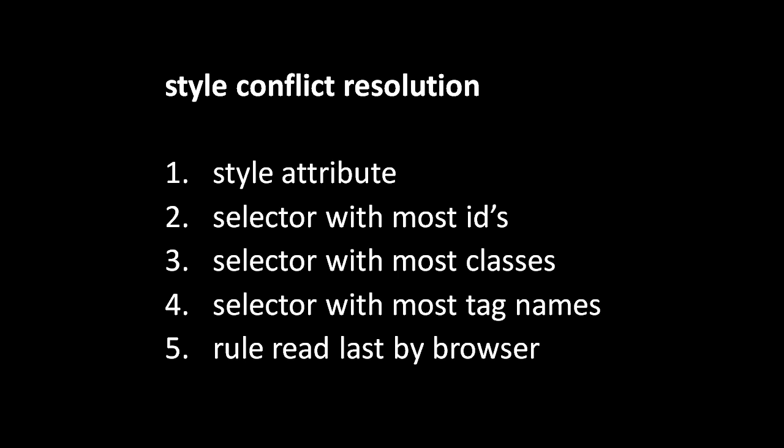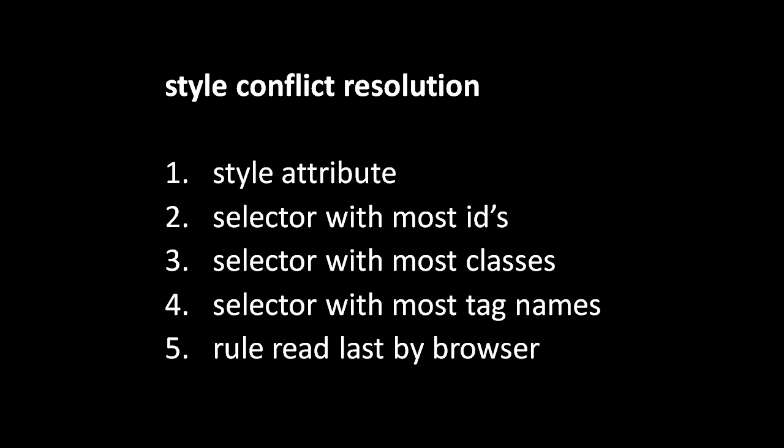So if in the style attribute I make something bold, and then in some other CSS rule I make it something other than bold, the style attribute is going to win out, and that thing is going to be bold. Do keep in mind, I told you already that using the style attribute is not considered good practice. It's something you're supposed to avoid, but do understand that it always takes precedence.